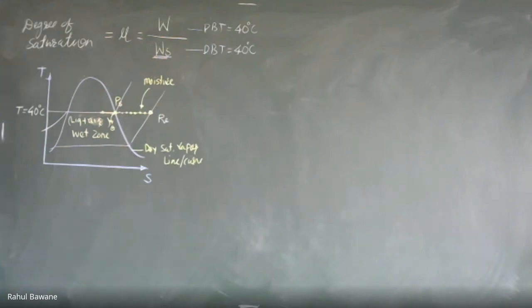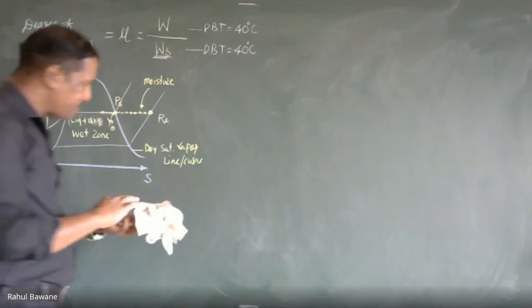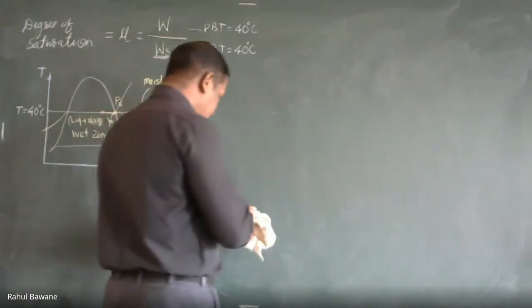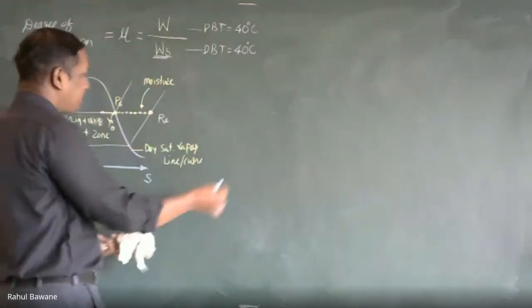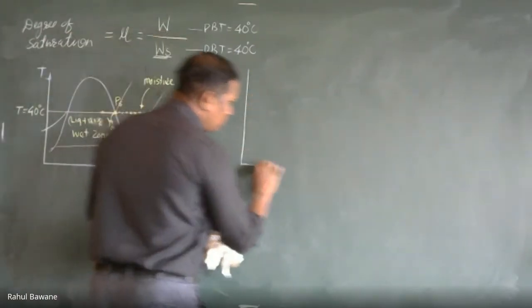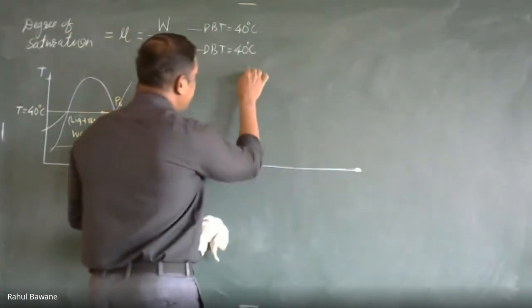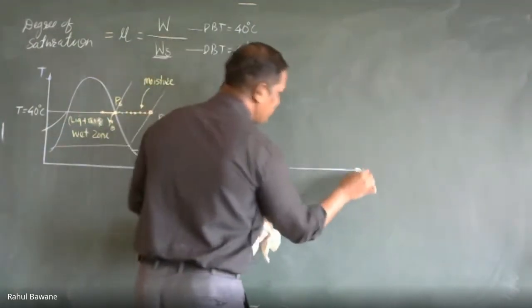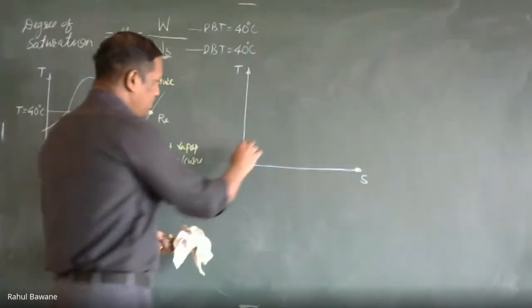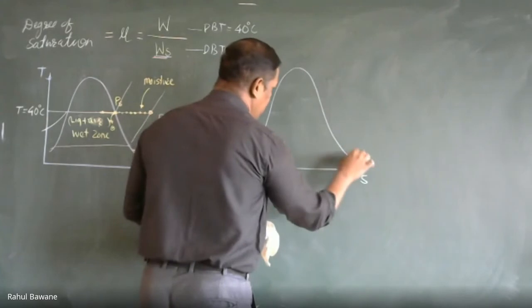Now the last term is dew point temperature. So what is a dew point temperature? There is always a confusion between the dew point temperature and this concept. So again, a TS diagram, but this time for the dew point temperature. So drawing the dome.